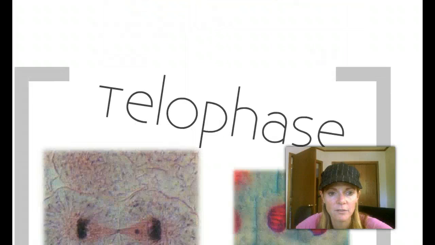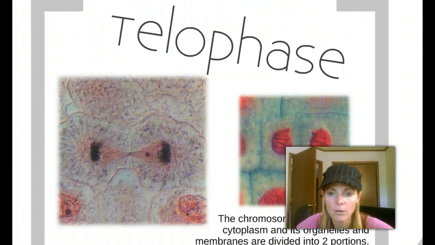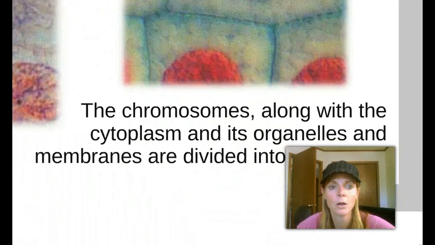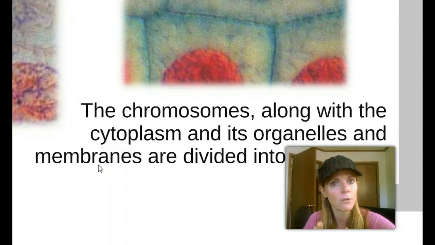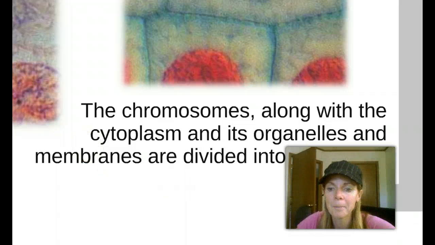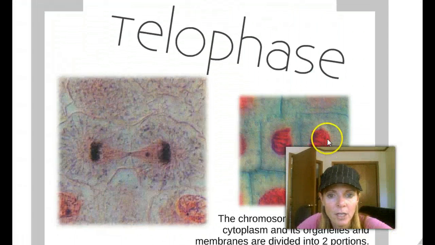So let's move to telophase. So telophase now, if you notice, the chromosomes along with the cytoplasm and its organelles start to divide into two portions. They haven't fully divided, because remember, that's cytokinesis, but they have started to cleave. So when I pull back and you guys can see these pictures, you can see this faint line here, okay?